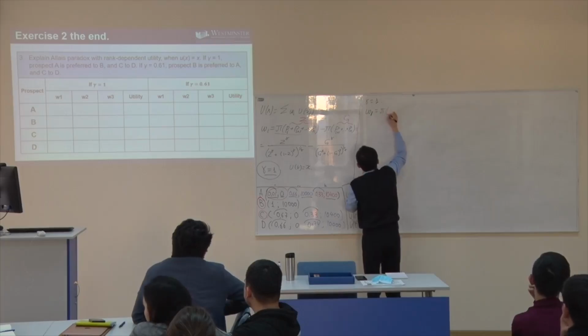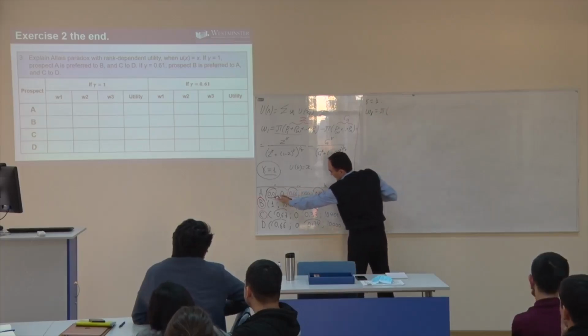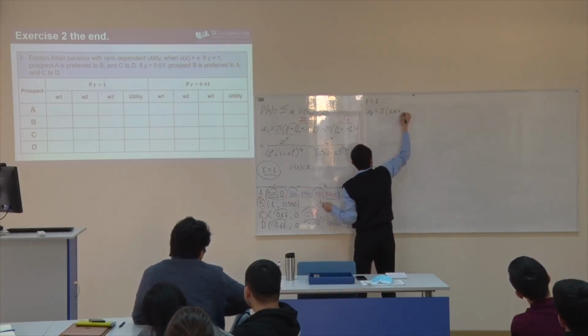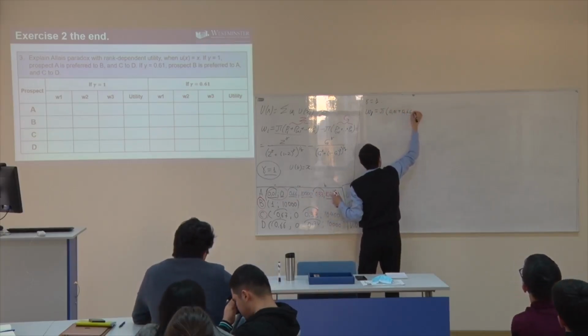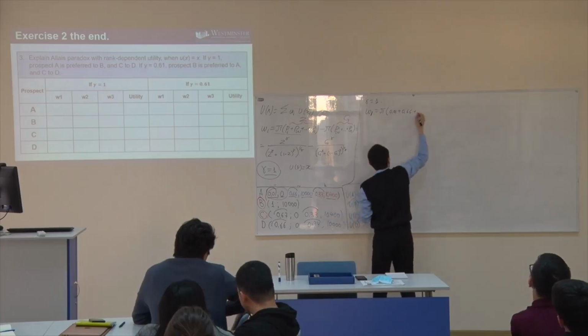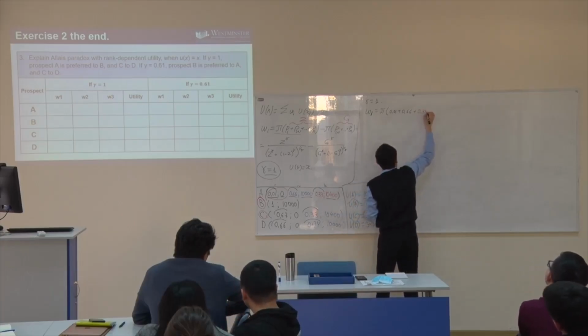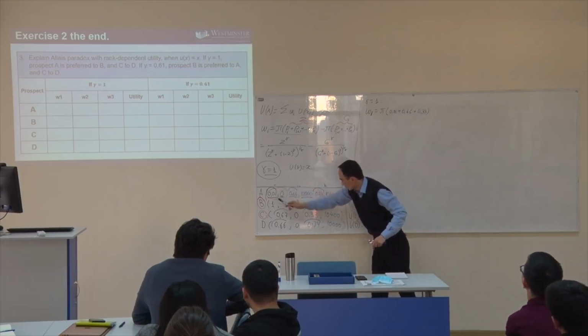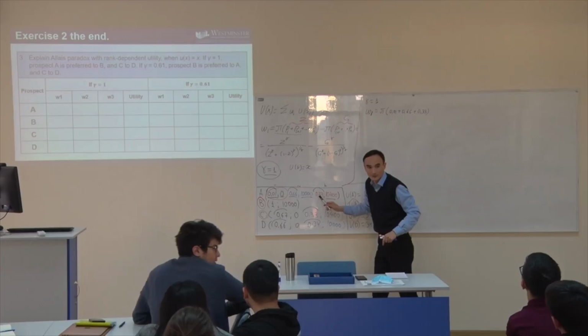My pi is equal to the worst outcome, probability 0.01, plus the second one, 0.66, plus the third one, 0.33. Okay? 1, 2, 3: worst, second worst, best.